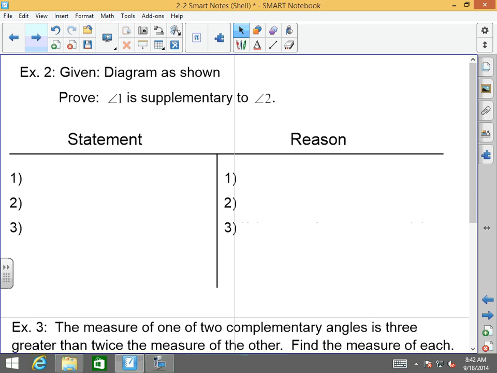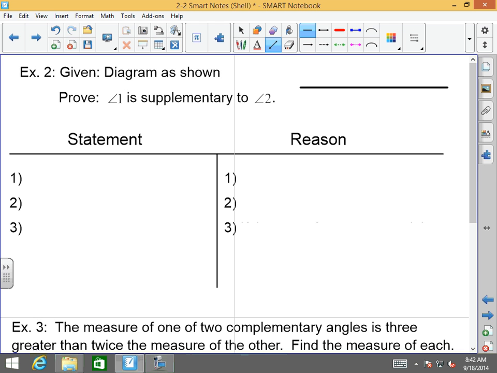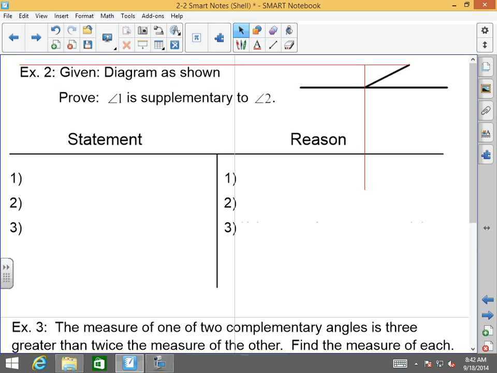Let's do this. Example 2. Diagram as shown. Wow, Mr. Morrow's really making a lot of mistakes on this one today. Okay, let's do the diagram as shown then. Let's put this guy here. I apologize. That is my bad.